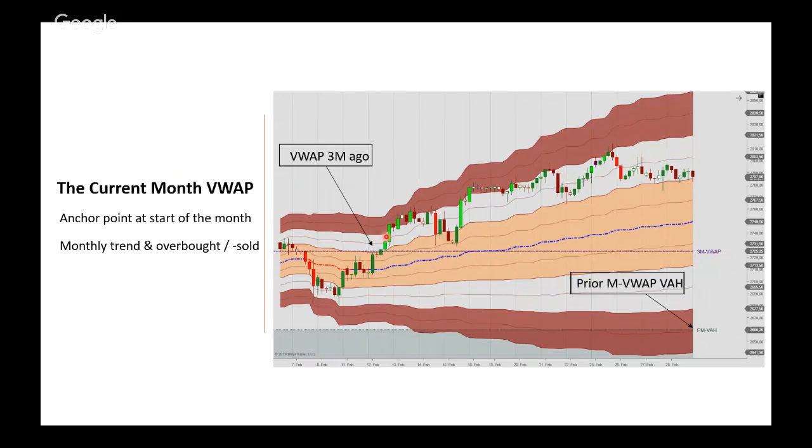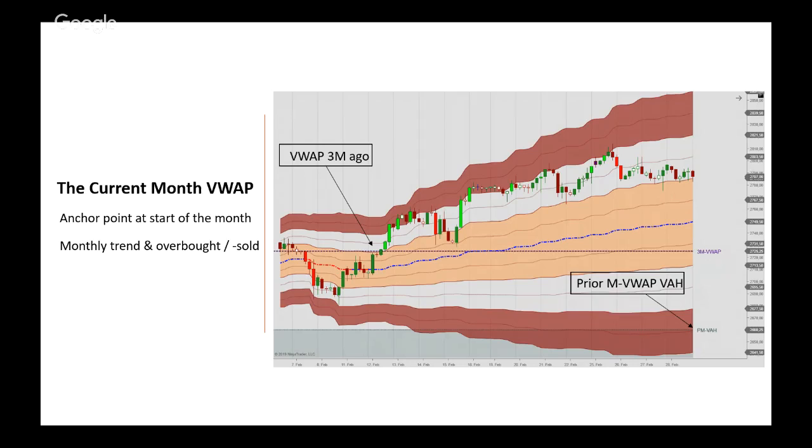And then once this level was broken, we had a pretty steady uptrend here last month. And towards the end of the month here, we have the last week that we just had a look at for the weekly VWAP. These areas that looked like oversold were actually retracements here into the monthly value area.